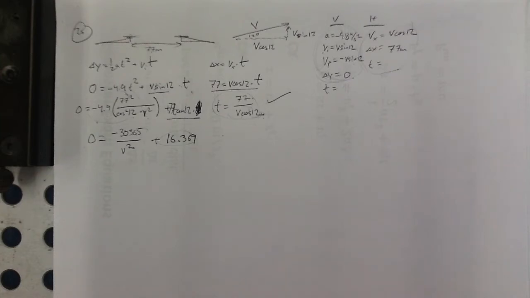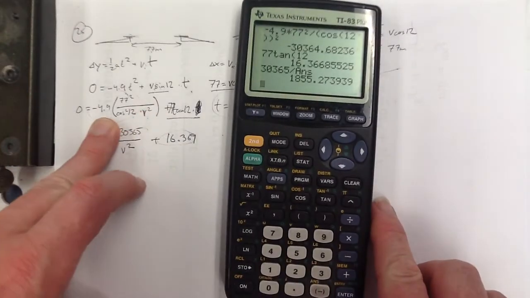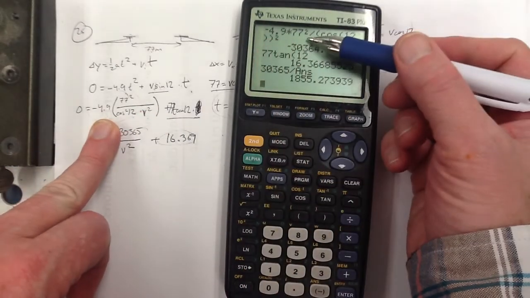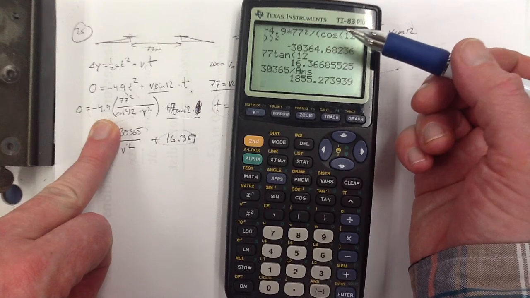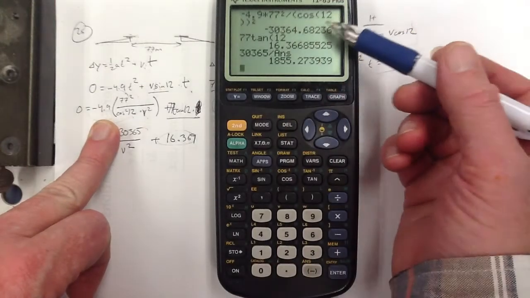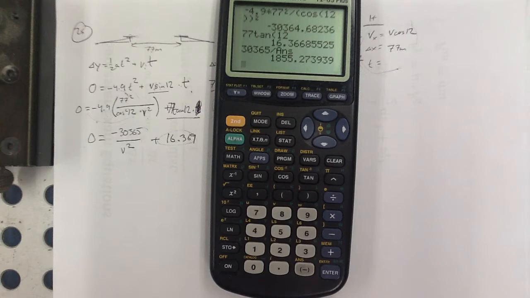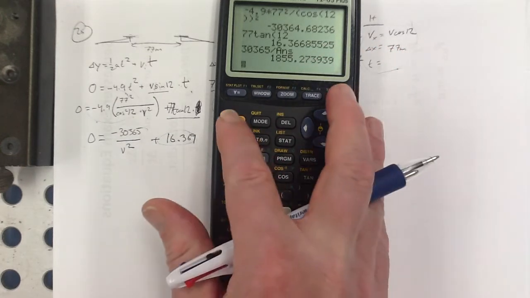I'm not seeing it yet. Just check. Is that squared? Oh, did I take the square root of the... Oh, maybe I did it right. Oh, I just didn't take the square root of that. I think I'm probably fine.